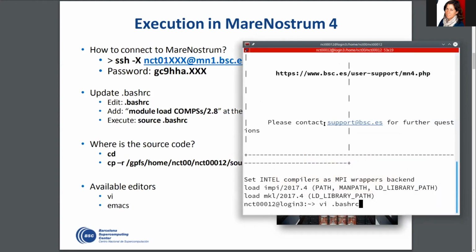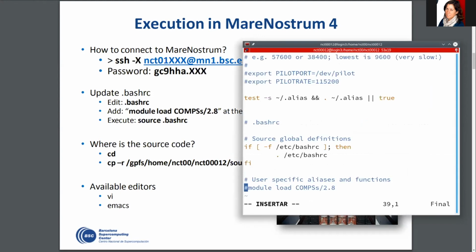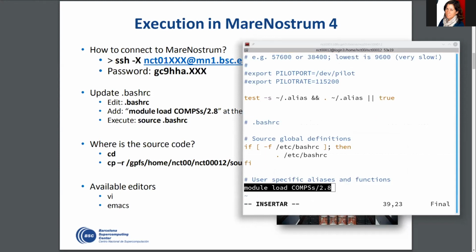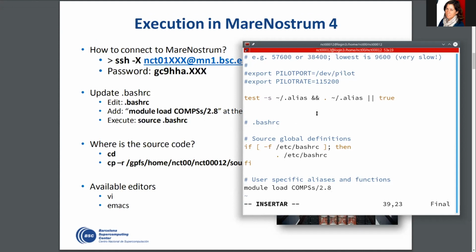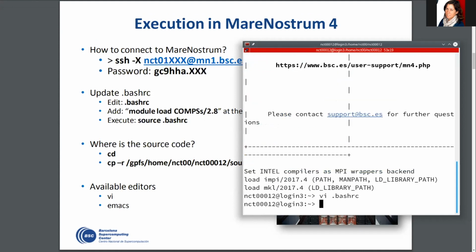Okay, so if you edit with vi, you have to include module load comps/2.8 at the end of the bashrc. Okay. And once it is added, we should do source .bashrc.